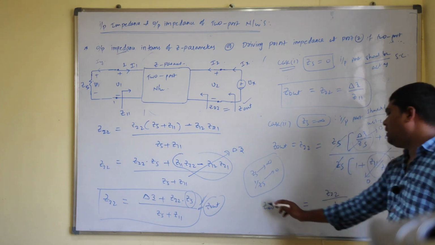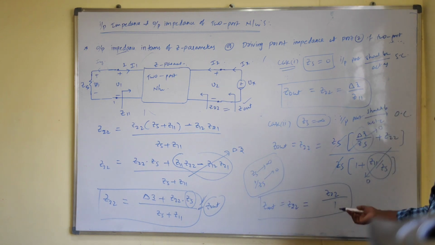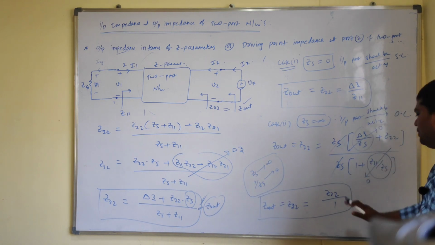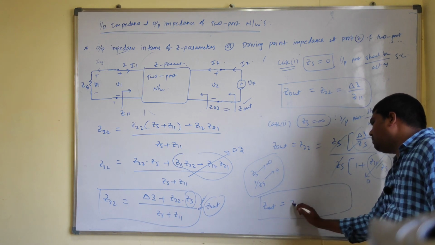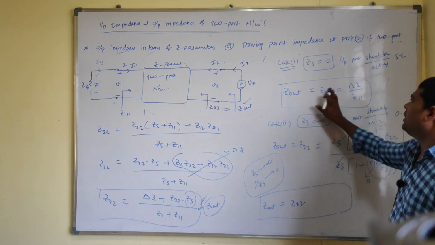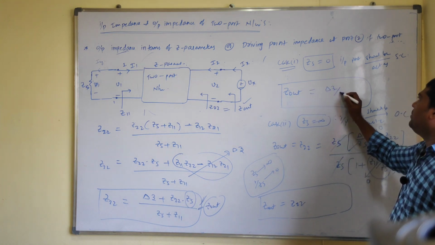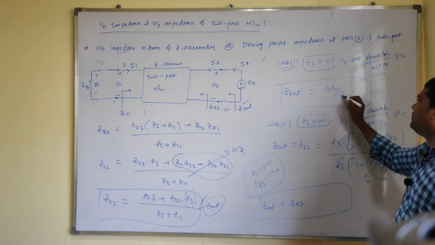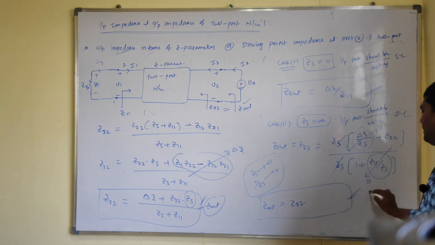Directly Z22 only. Otherwise, you can directly write delta Z by Z11. Okay. So these are the two important things.